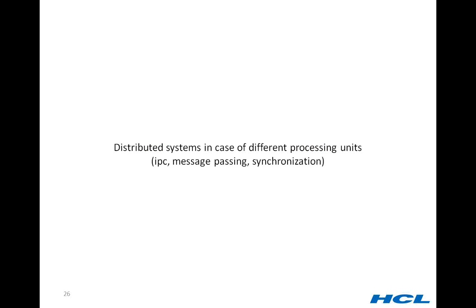Okay. This is basically for when you are going to have different processing units. So certainly then you need to have some sort of powerful coordination mechanism between these processing units, because control plane, data plane, and management plane, all these three should work together.